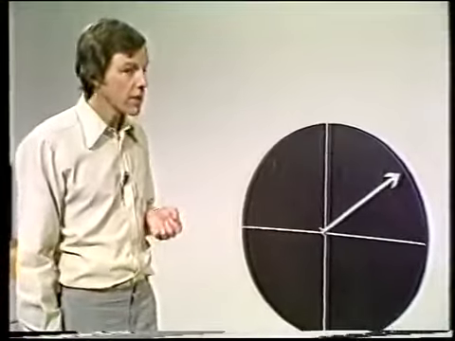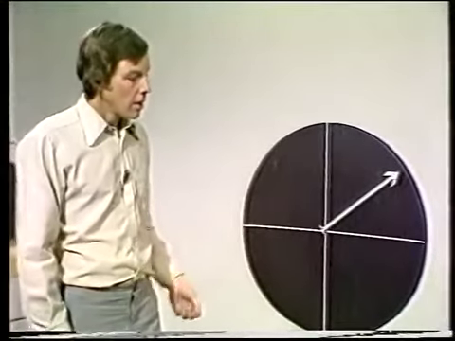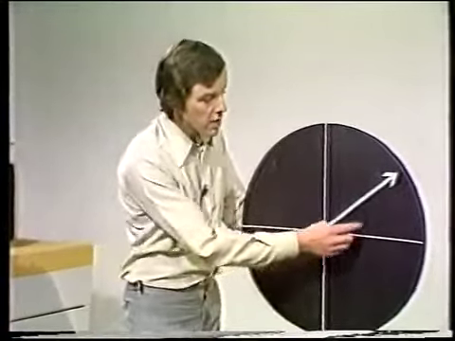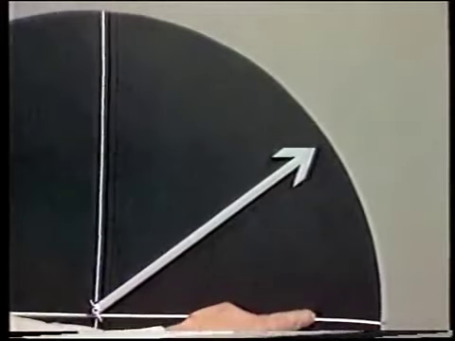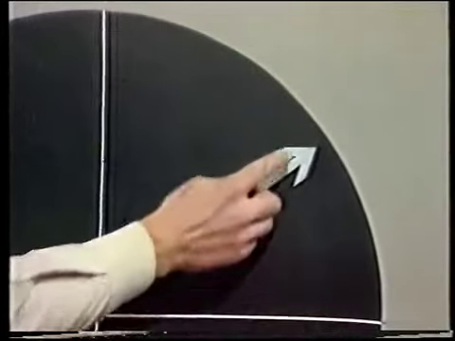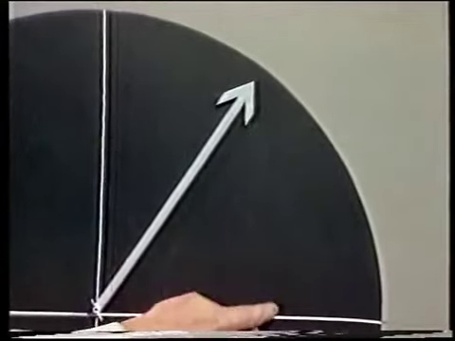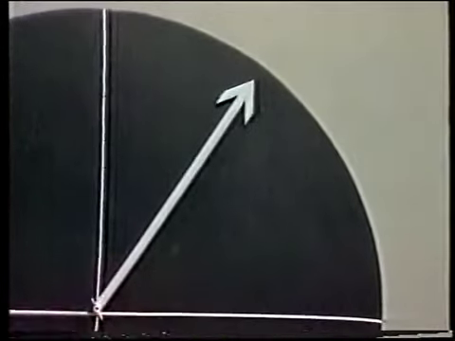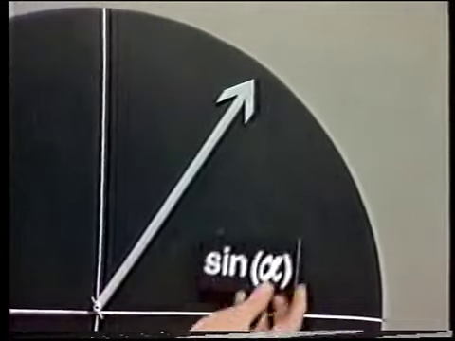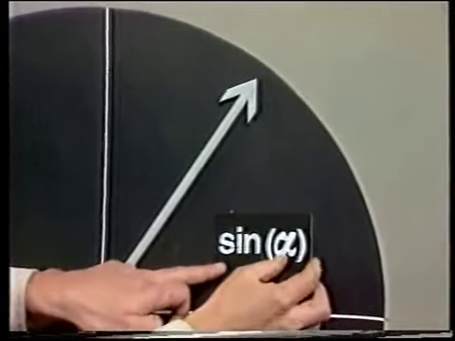Do you remember the work we did in Unit 3 on rotations? One of the things we worked out there was the height of this point above a horizontal axis. If this length is just 1, then this height depends on that angle, and in fact it's given by sine of the angle.